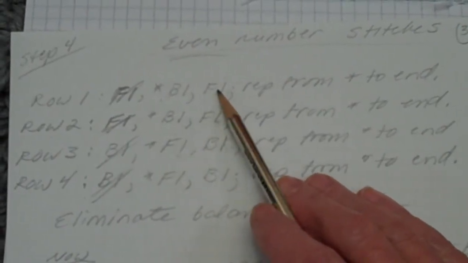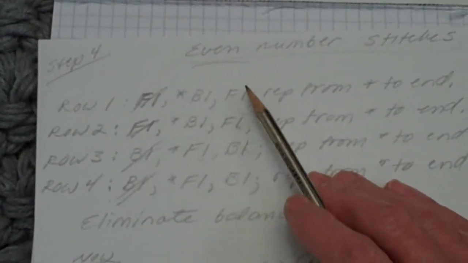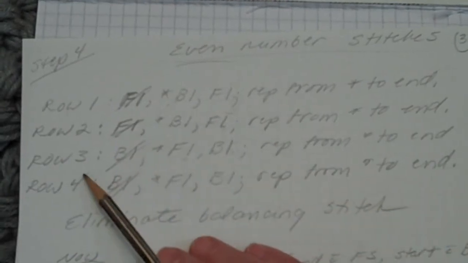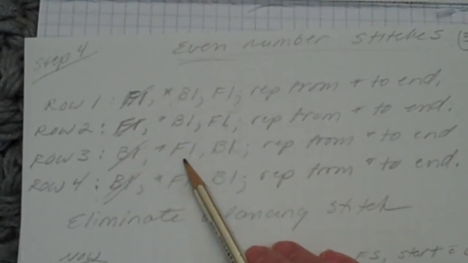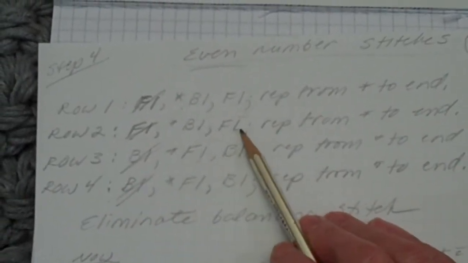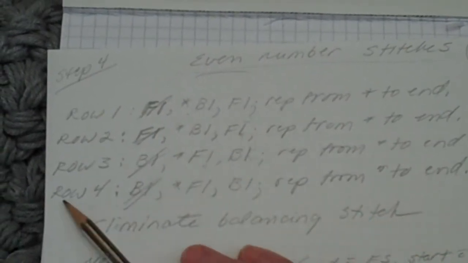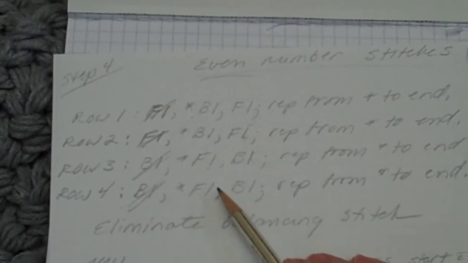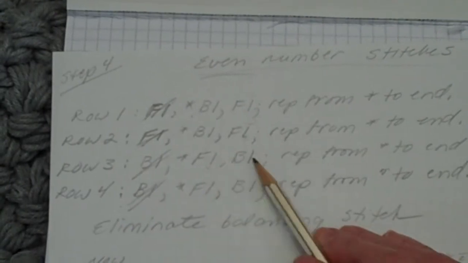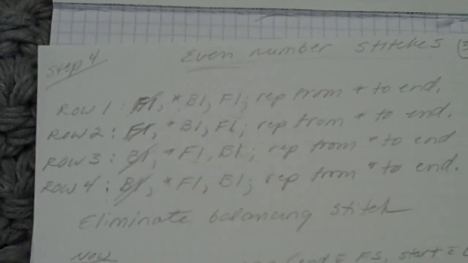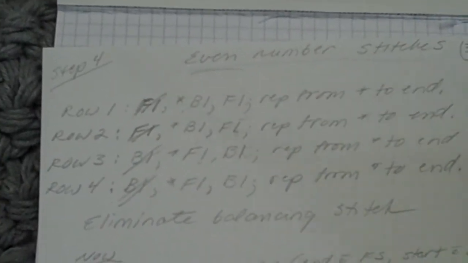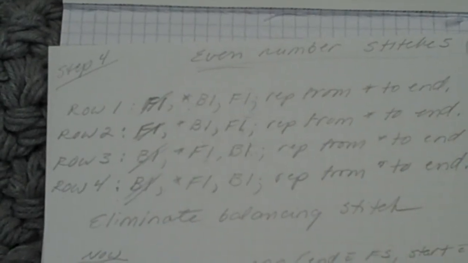In other words, I'm going to knit the opposite when I go from 1 to 2. When I knit row 3, I'm going to begin with a front. Where I ended with a front, I'll be knitting the same. And when I knit row 4, I'm going to be front stitching where a back stitch was. So you can think of it as opposite, same, if you want to think of it that way.